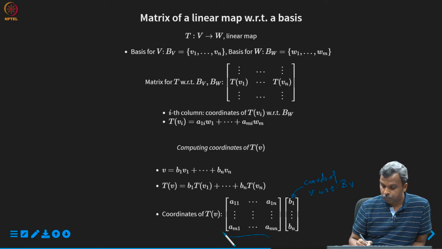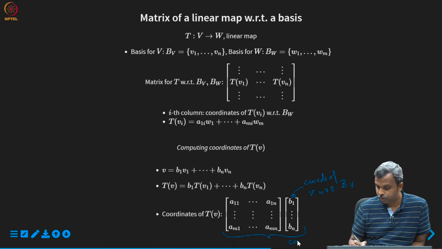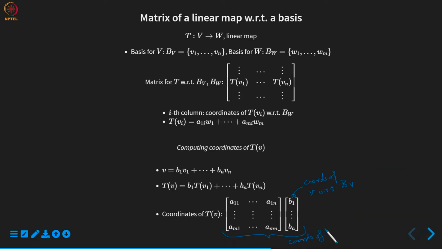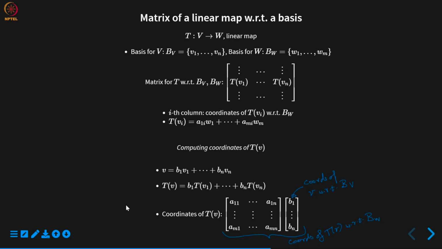This whole thing is the coordinates of T of V with respect to BW. So this is the simple little result that you get. We've seen before how to find the matrix corresponding to a linear map, and how to use the coordinates to compute input and output: given input coordinates, what will be the output coordinates, and so on.